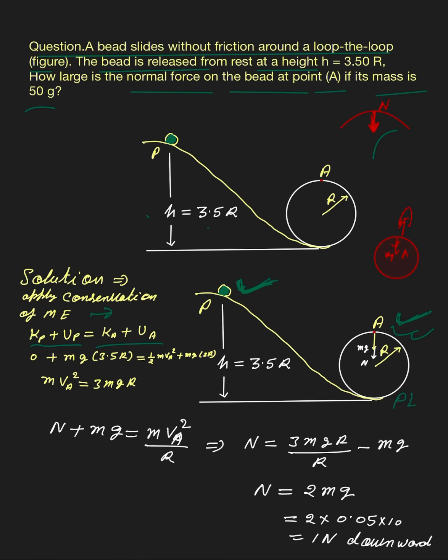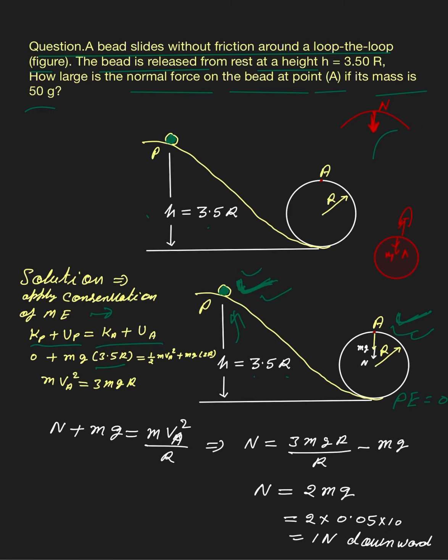If we let the potential energy at that point be 0, then what about the height? That is h, 3.5r, so mg into 3.5r. And what about the kinetic energy? It is 0, because the particle is released from rest.